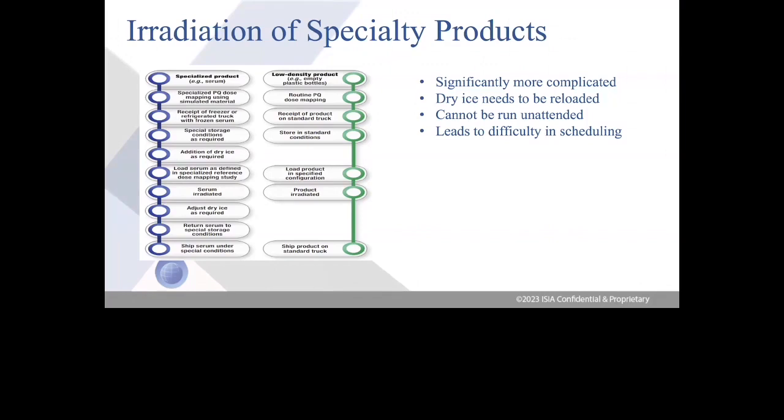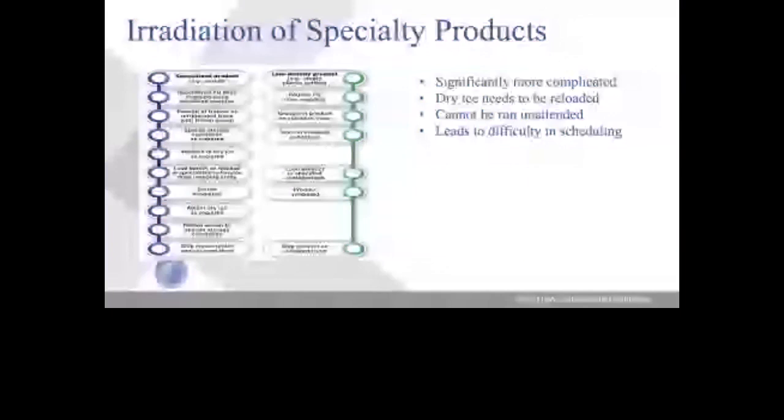Once it's loaded into the containers for irradiation, the dry ice will be added and then it will be irradiated. Sometimes during the process, it has to be re-iced, which causes another complication. It then gets shipped out in a refrigerated truck.